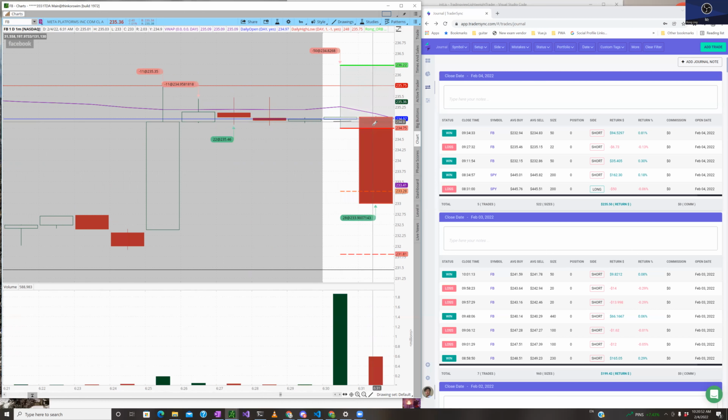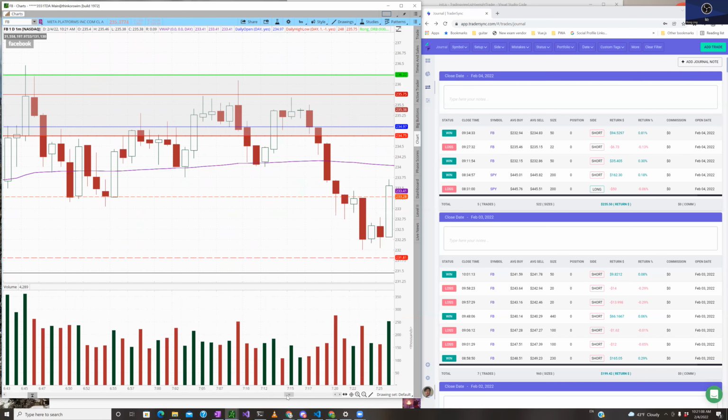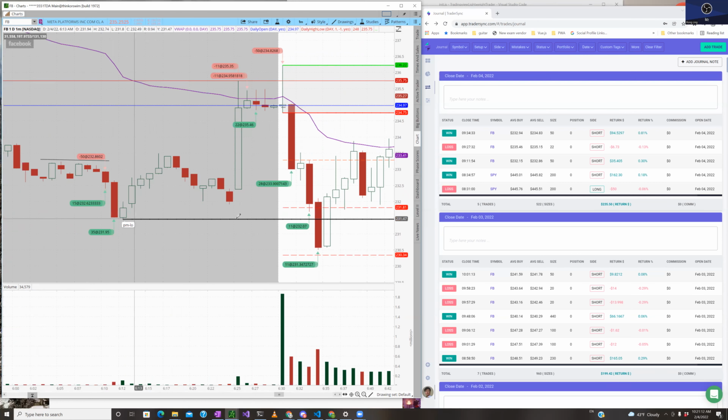Then it made another candle low. I had already entered before, so I was trying to cover some. And then it hit my price target, which is the pre-market low.